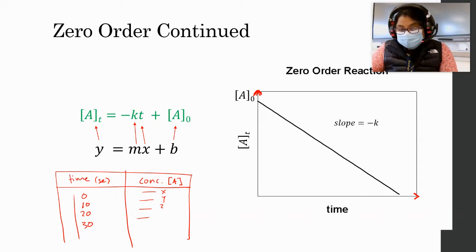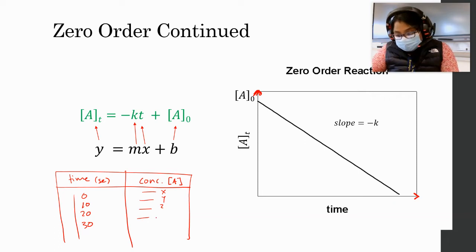And it gives you a straight line when you plot concentration on the y-axis and time on the x-axis. If this data results in a straight line, you can say that you have a zero order reaction.